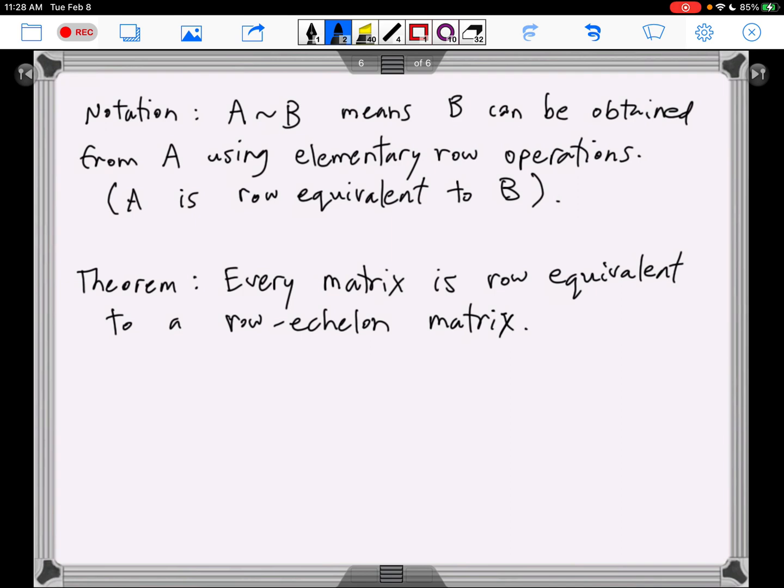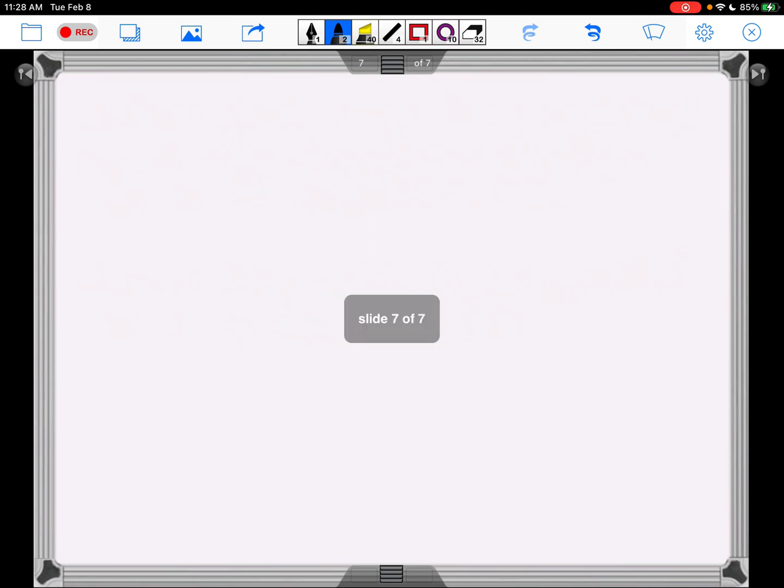Okay, so I would like to teach you guys how to put a matrix in row echelon form. This is going to be an extremely important skill that we use throughout this class. So let's do some examples. Our first example.